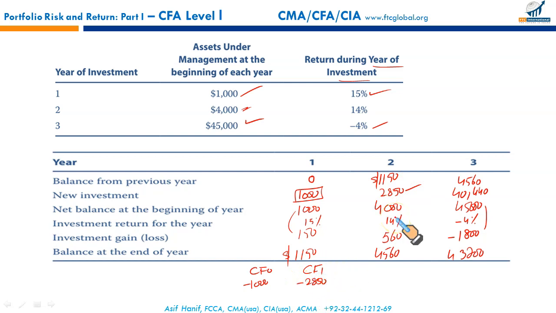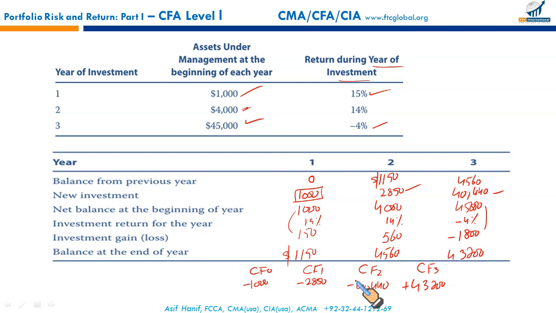Initial investment, second investment after 1,000. And then 40,440, that is the cash flow at the end of period 2. And finally, the value of the total investment at the end is 43,200. Positive. This is negative as well.